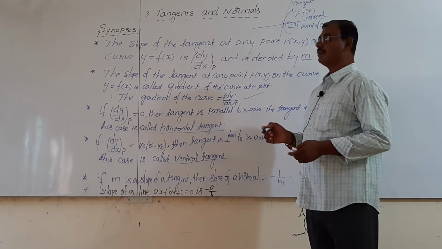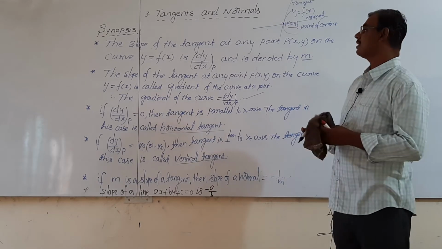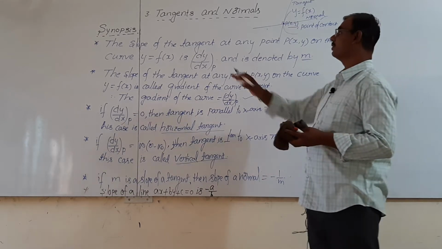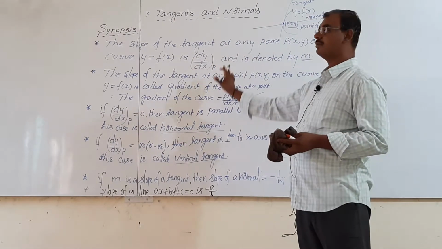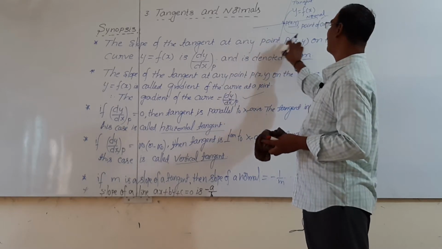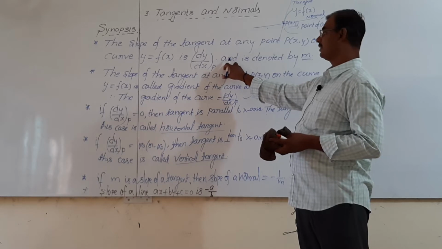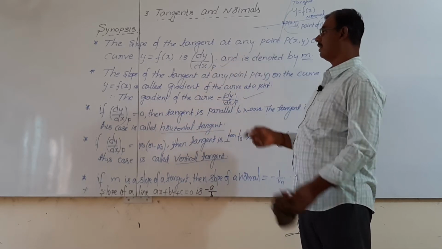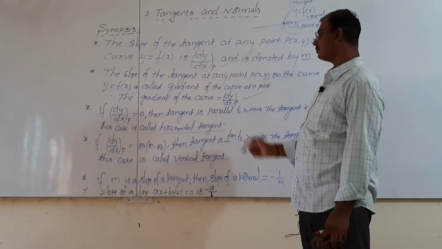Next point, you remember what is the equation of a tangent. Have you noted this one? Fastly note this one. Remember, the slope of a tangent at any point on the curve y is equal to f of x is a very important formula. When the curve point is given, we should use this formula.